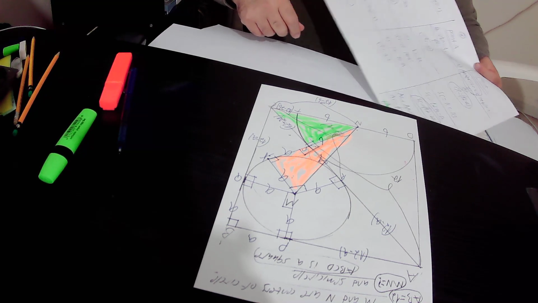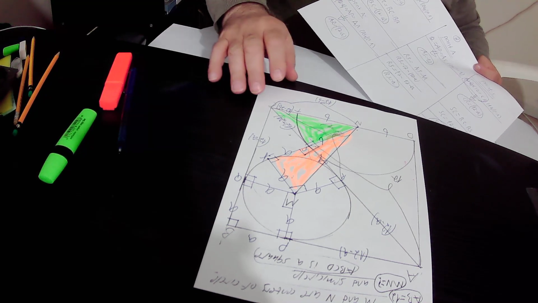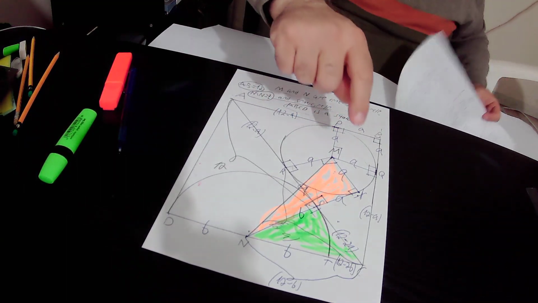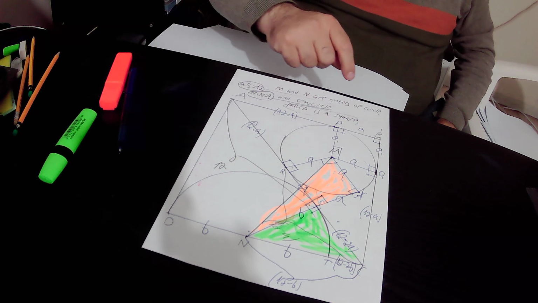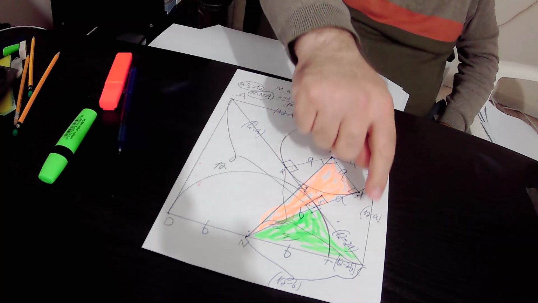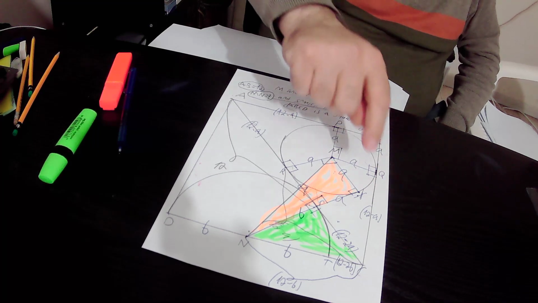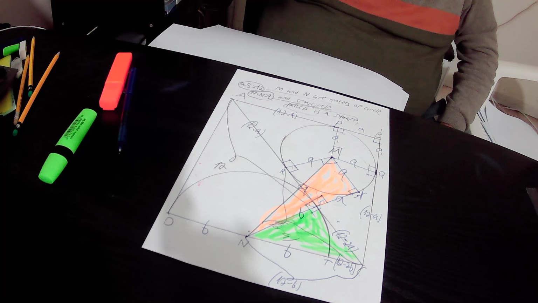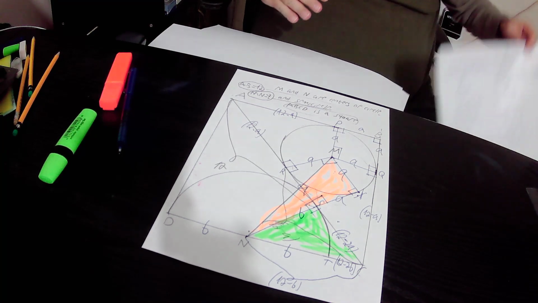Then we focused on the external point, point C. From the external point C, we have two tangents to this circle. The first tangent is tangent CQ, and the second tangent is tangent CR. According to rule number 1, they must be equal to each other.